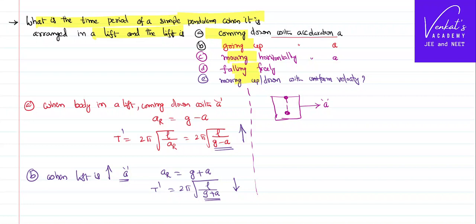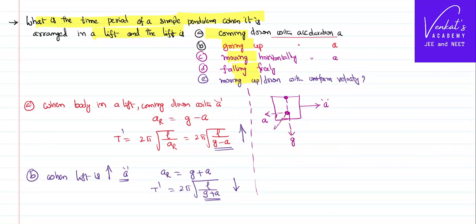To apply Newton's laws of motion in a non-inertial frame, we imagine a pseudo force of the same magnitude but in the opposite direction. So the bob experiences a horizontal pseudo force in the opposite direction. Of course, its weight is acting in the downward direction.